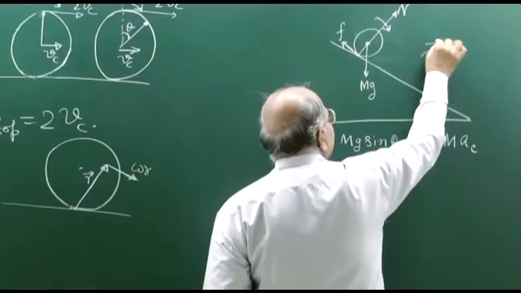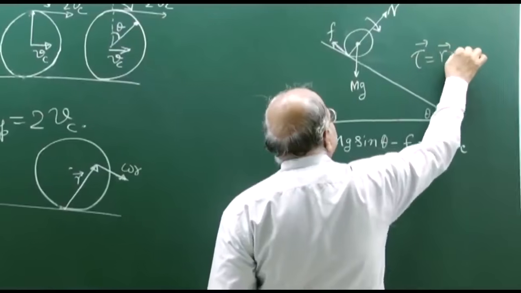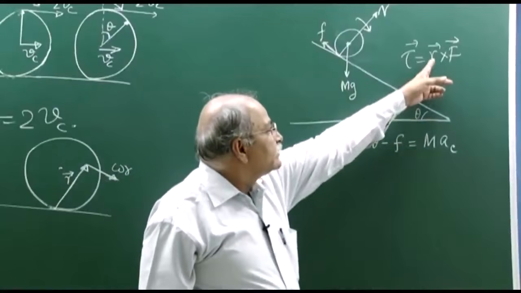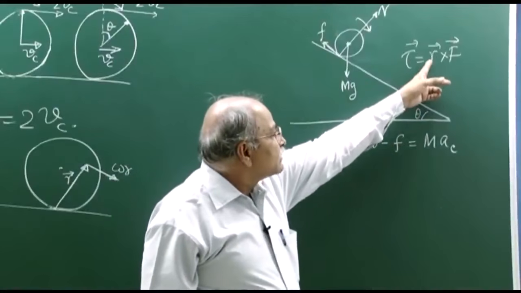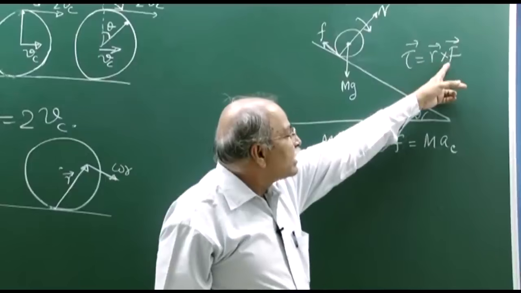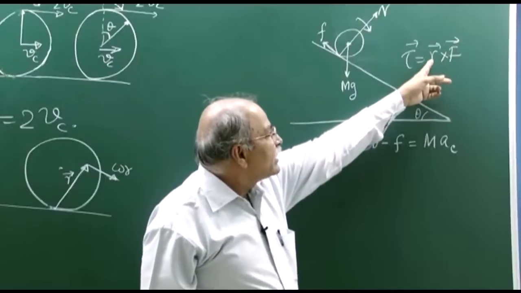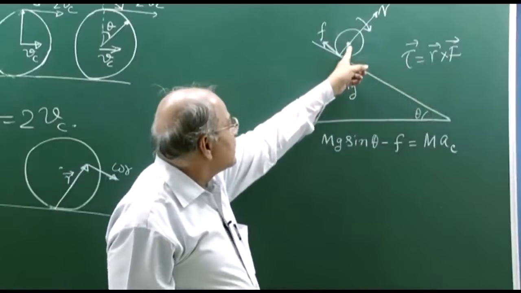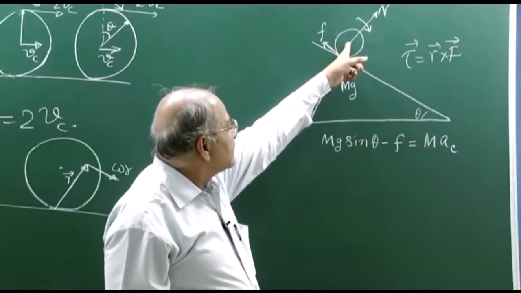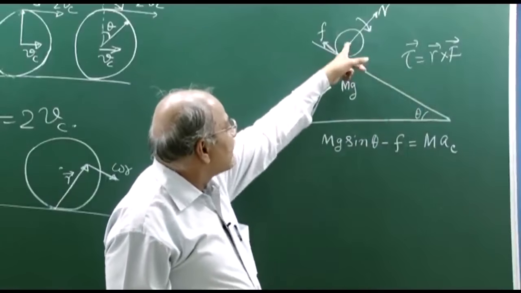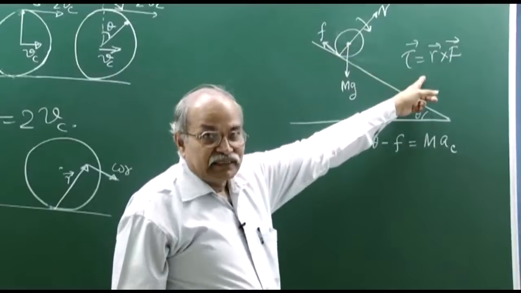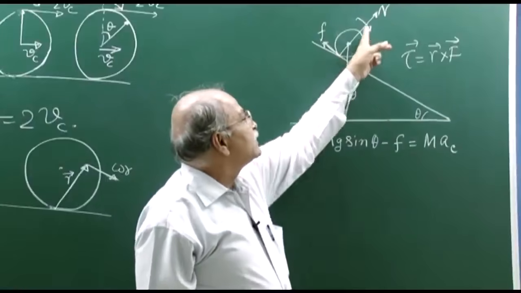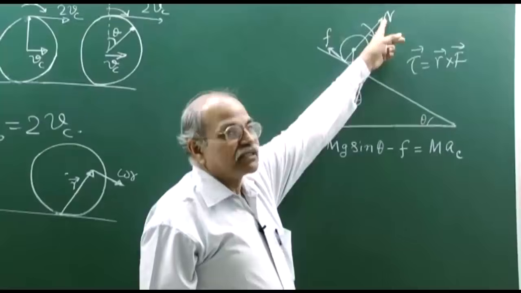The torque is defined as r cross f, and this r is the position vector of the point where the force is applied with respect to the point about which the torque is being taken. I am taking the torque about this center, and the force is applied at the center. Therefore, r is 0 and the torque is 0, and the same is true for this n.